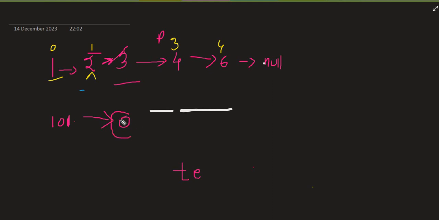This is the 0th position. How can I insert? First, create a new node 101, n, and this is the head. This is the base condition. Now attach n to head. Now change the head to n. Simple.